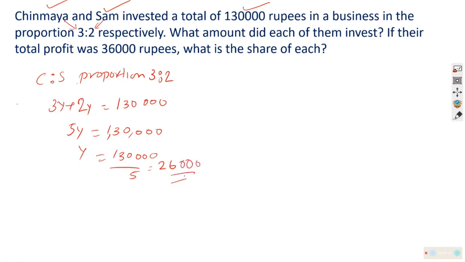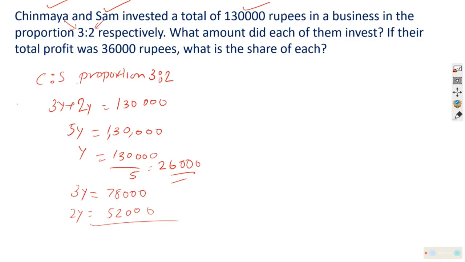This is y. That means 3y is equal to 3 into 26,000, which is 78,000, and 2y is equal to 52,000. Okay, total 1,30,000. This is the investment.